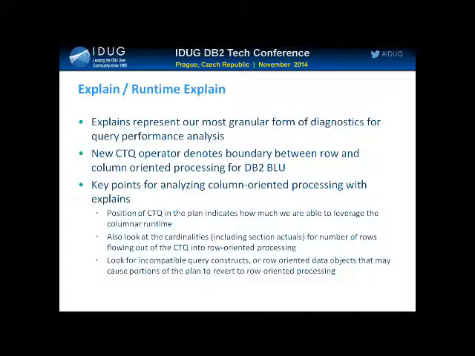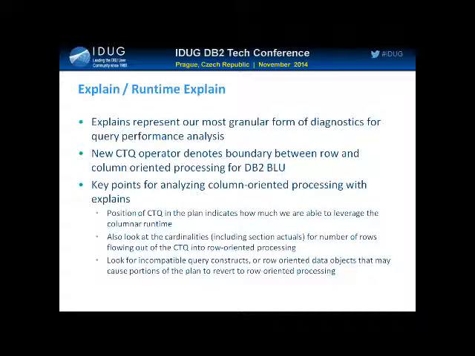A couple of things to look at: position of the CTQ in the plan. Cardinalities are also useful to understand how much data is actually flowing out of BLU and potentially how much processing is being done in the row store. What you're really looking for when you look at the position of the CTQ in the plan is what query constructs are in the plan, because there are certain things that BLU can't push down.